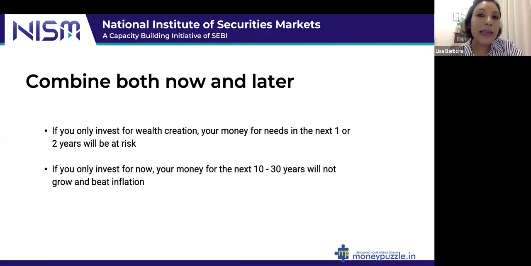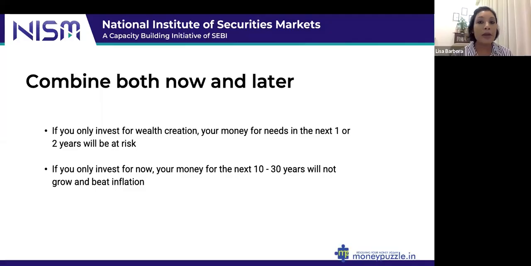If you only invest for now, some people are risk averse and they say that I do not want to take that risk of long term investing, and it's okay, I'll just put my money in capital safe products. Then your money in the next 10 to 30 years will not grow and will not beat inflation. And as I told you, if it does not grow, the money that's just kept in your bank will be worth slightly more than half in 10 years' time.